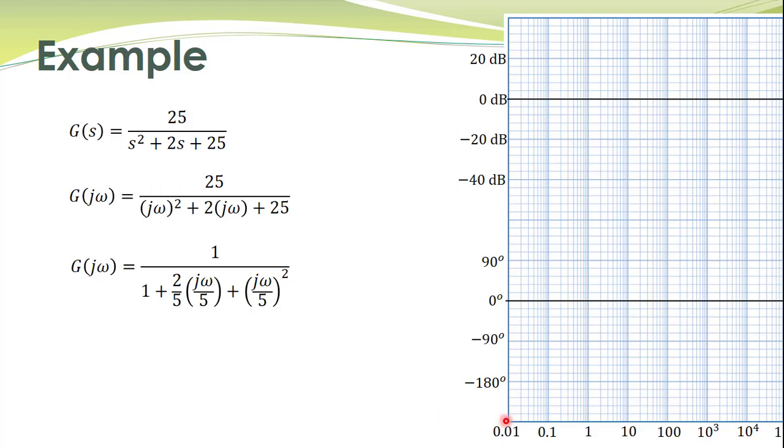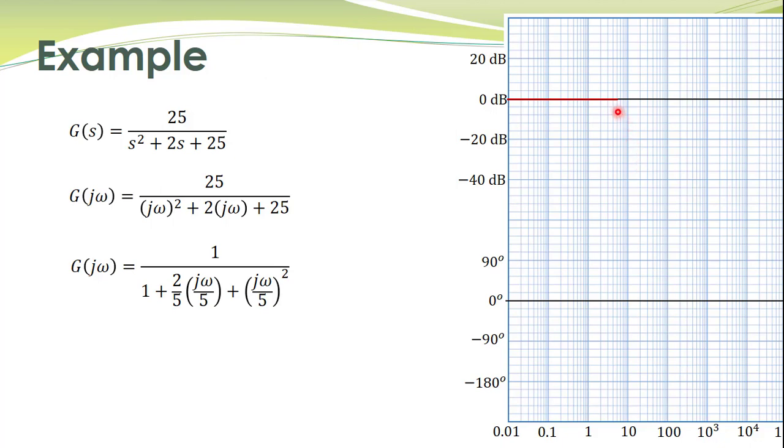So if we write the scale over here, it cannot start from 0, you already know it. If this frequency is 0.01, this frequency will be 0.1, this will be 1. Next, this frequency is 2, 3, 4, and 5. This frequency is 5. So we indicate this frequency. Up to this frequency, we have a straight line with 0 dB, and after this frequency, we have another straight line with a slope of minus 40 dB per decade.